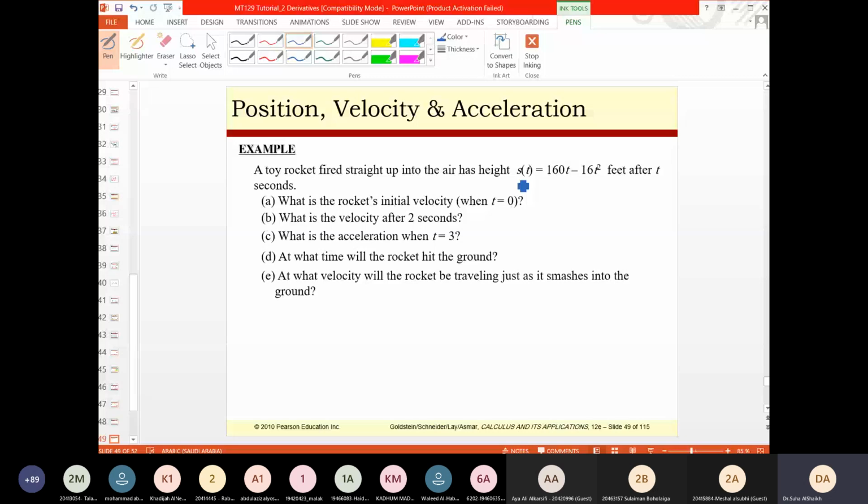This is after t seconds. In those questions we always use t as the variable. So I have a toy rocket.